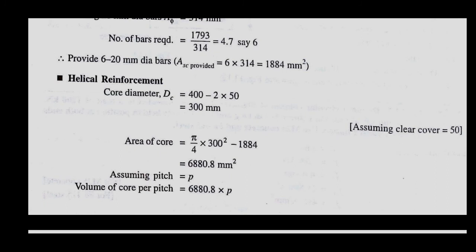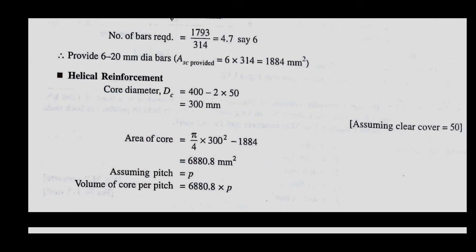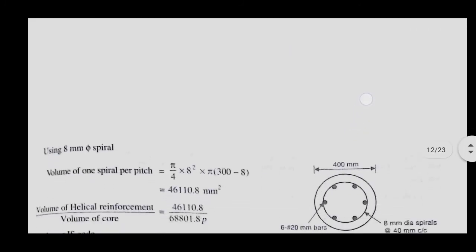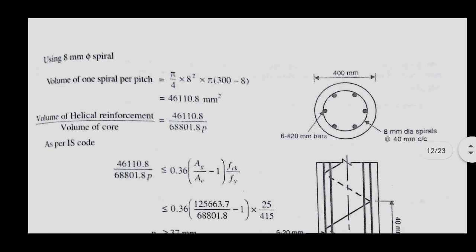Now, assuming pitch p, the volume of core per pitch is area of core into p, that is 6880.8 into p. Using 8 mm spiral dia, the volume of one spiral per pitch is pi by 4 into 8 square into pi within bracket 300 minus 8, that is equal to 46,110.8 mm square.